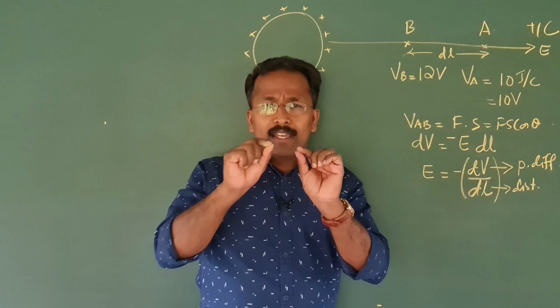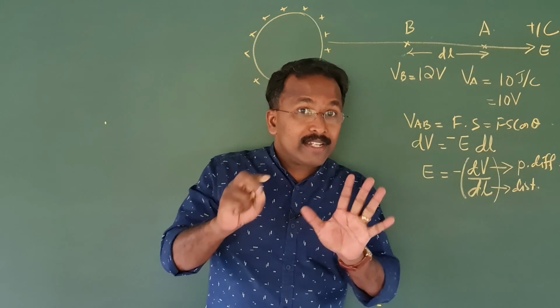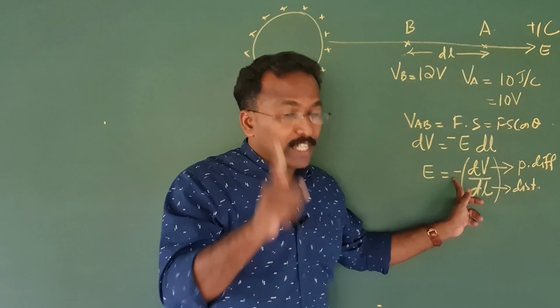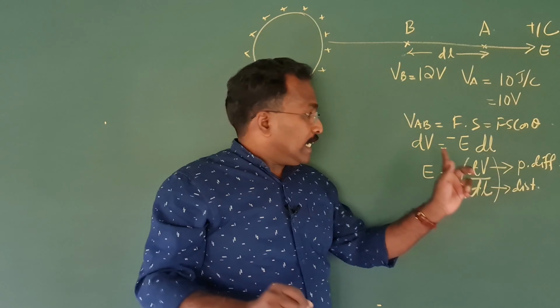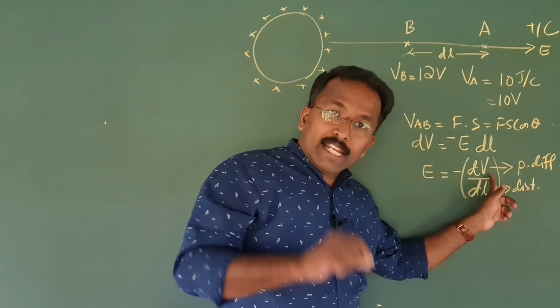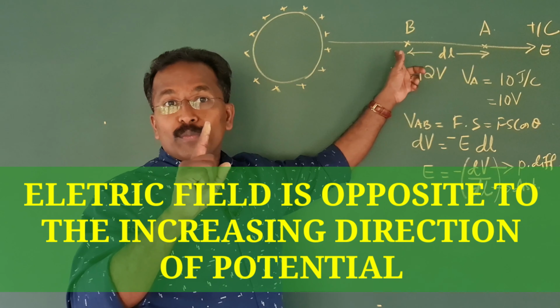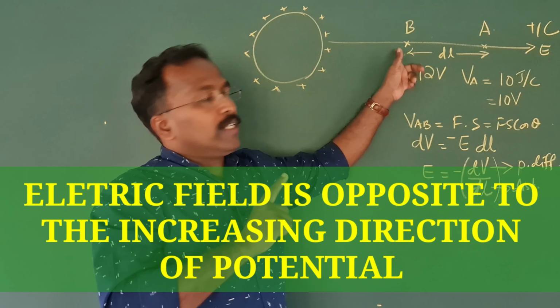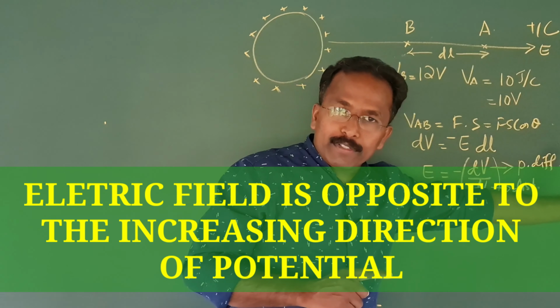See, every aspect of a physics equation should be studied thoroughly and carefully. Here the negative sign shows that, you may write it and study carefully. The negative sign shows that electric field is in the opposite direction of the increasing direction of potential. So if potential increases this way, electric field is in the opposite direction.